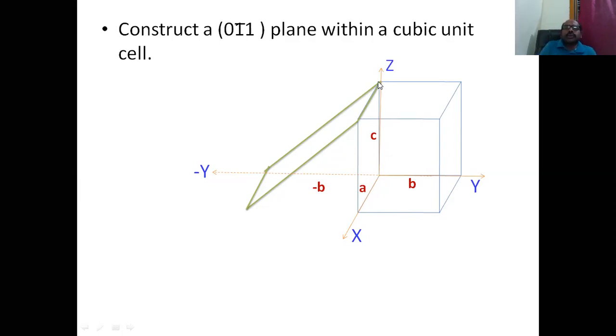Here I have shown a, b, c, but we have to treat all these as equal, a equals b equals c, no problem. So it is intersecting at full length, at this point. So this is the asked plane. Now we have constructed the given plane in a cubic unit cell.